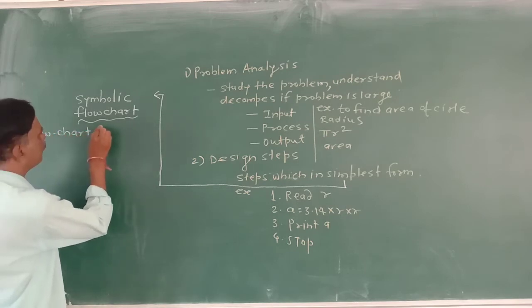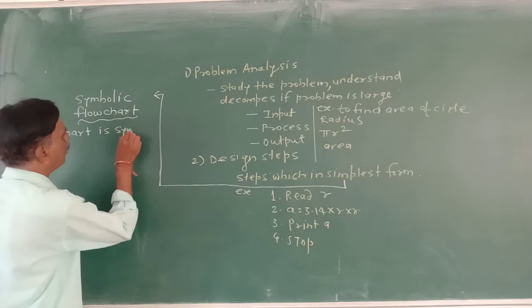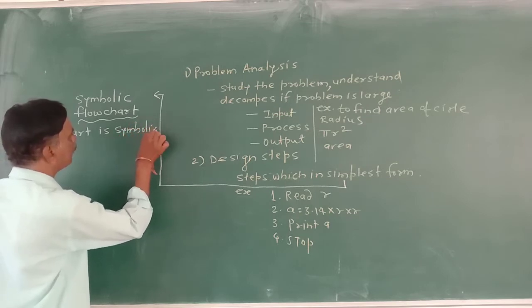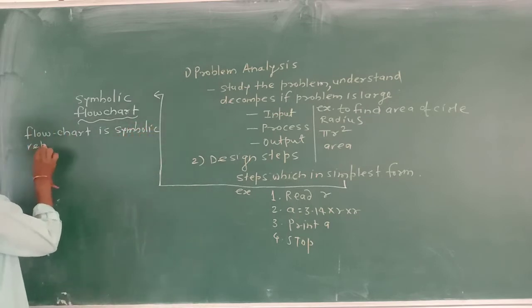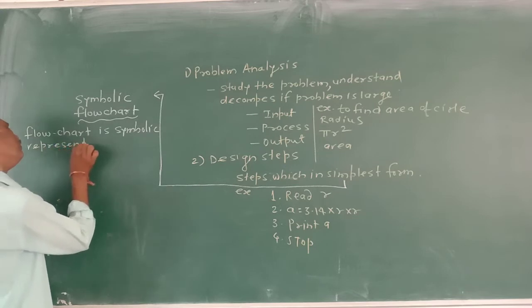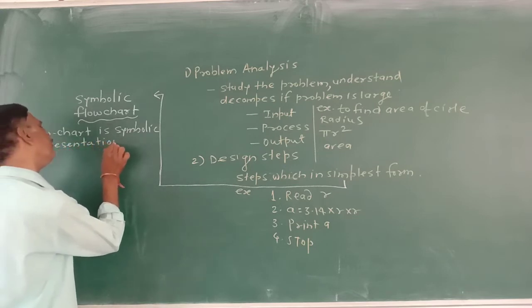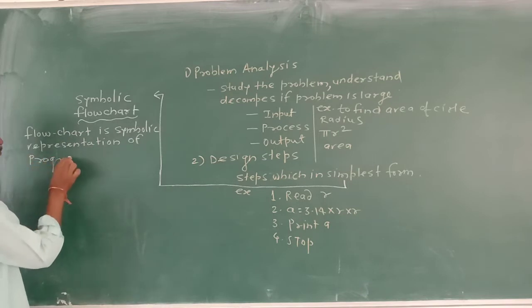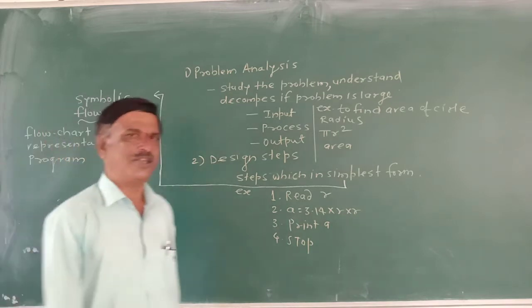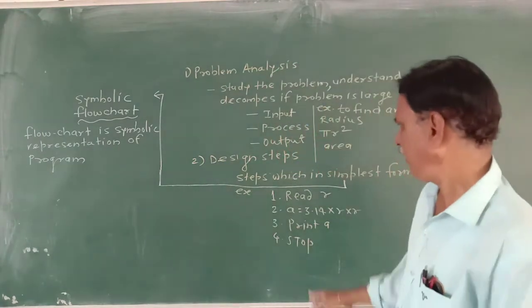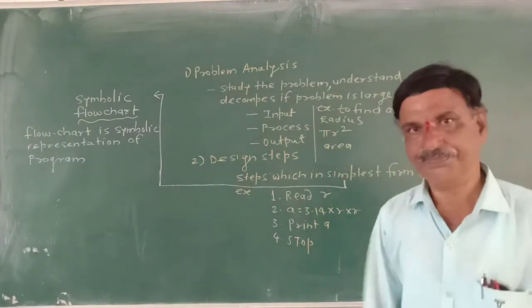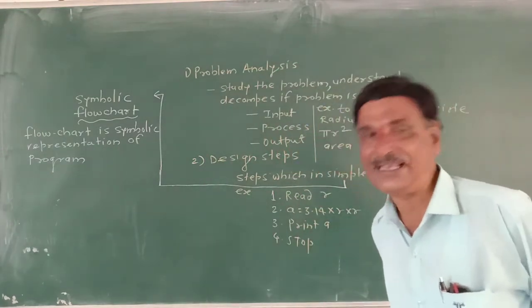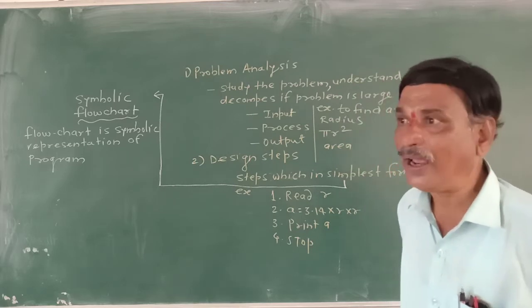Flowchart is a symbolic representation of a program. Yesterday we have seen that this one is not a program, but not less than a program. Why?